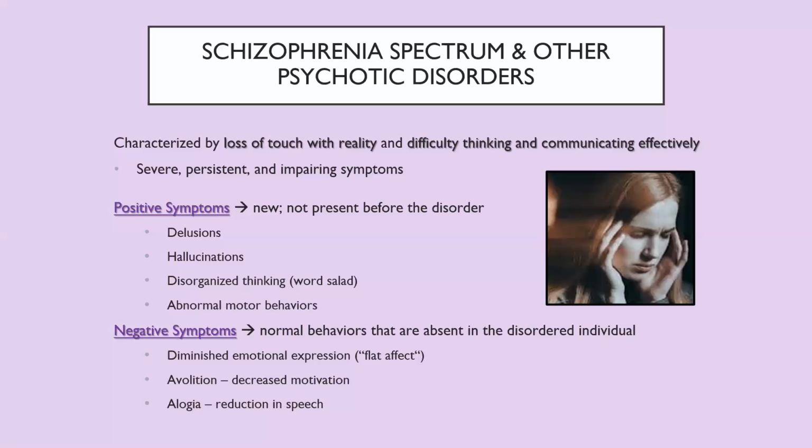In this negative symptom, there's a diminished emotional expression, so that is gone. Individuals can also experience avolition, and this is decreased motivation, and alogia, which is a reduction in speech, or sometimes called poverty of speech. And so they might speak very little.